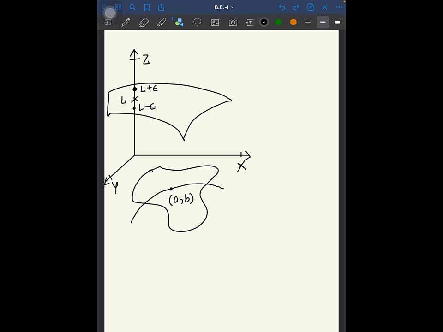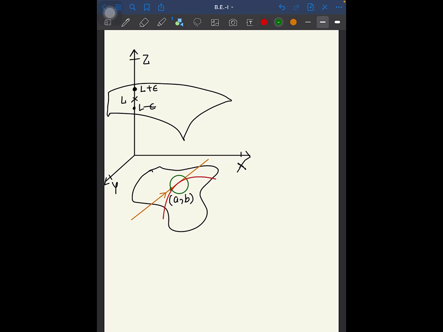So let me put it in a different color. When you are talking about (a, b) in 2D, you may approach this point in any different path. It may be a straight line, right? So you may take a straight line to approach the point (a, b), right? Or it may be a circular path. It may be a parabola when you talk about this point, right?